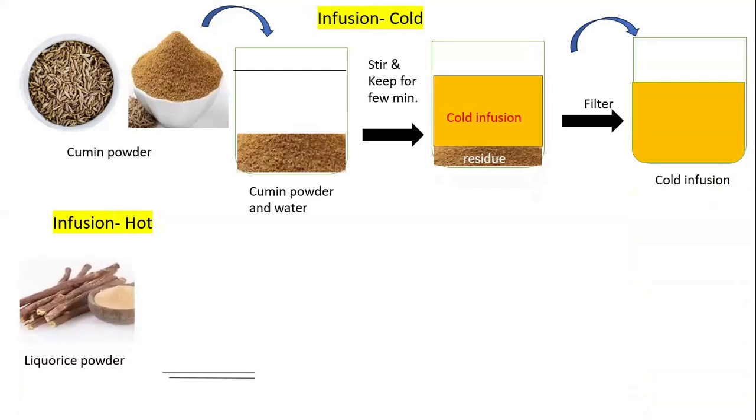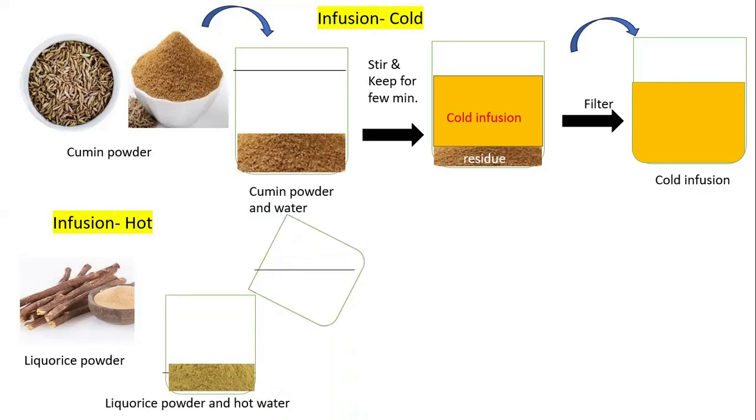In this case, the drug material is not soaked in cold water, but we add hot water to it. Take licorice powder and place it in a beaker, then add hot water to the beaker containing the licorice powder.